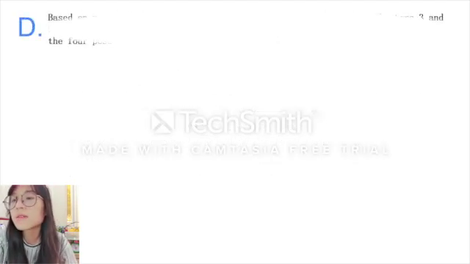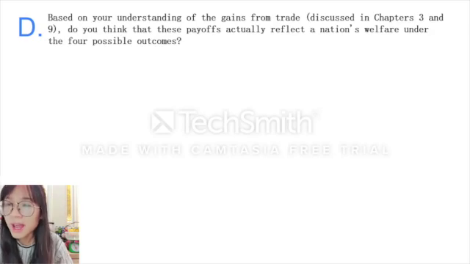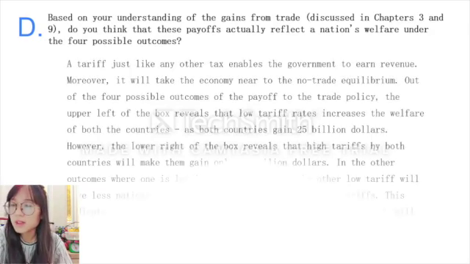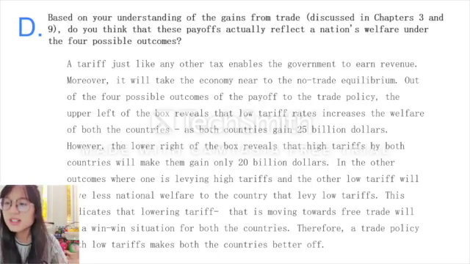that low tariff rates increase the welfare of both countries, as both countries gain $25 billion. However, the lower right of the box reveals that high tariffs by both countries will make them gain only $20 billion. In the other outcomes, where one country imposes high tariffs and the other low tariffs, the country that levies low tariffs gets less national welfare.